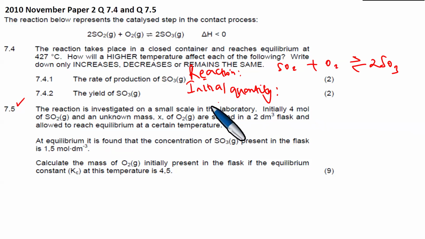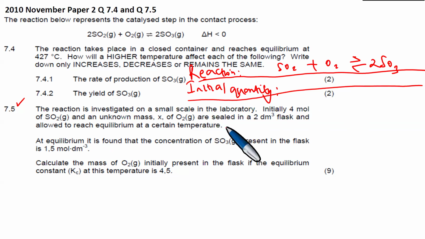Okay, now let's start with this one. If you're looking at this case, what is happening here? Let's just draw this table. That is the reaction, and this is the initial, and then you're going to have the change here.